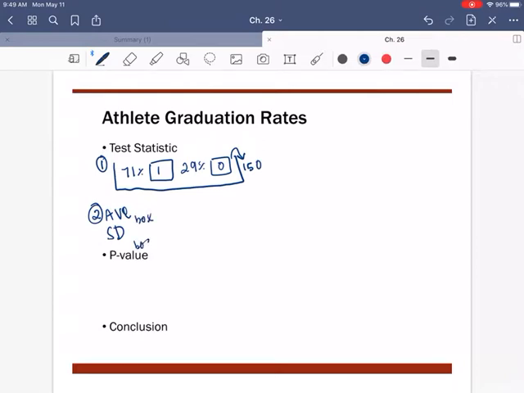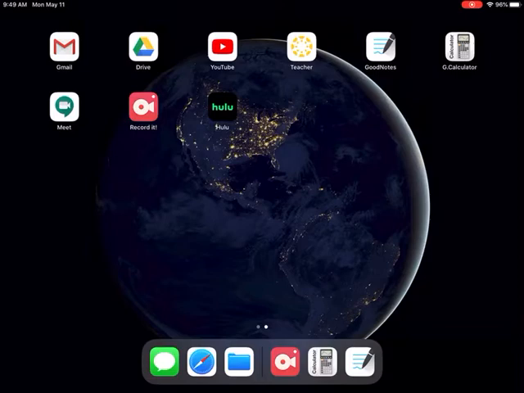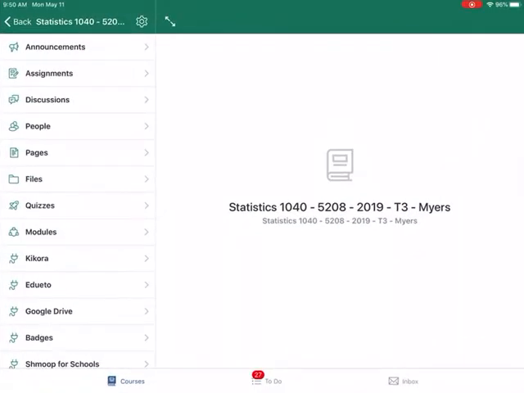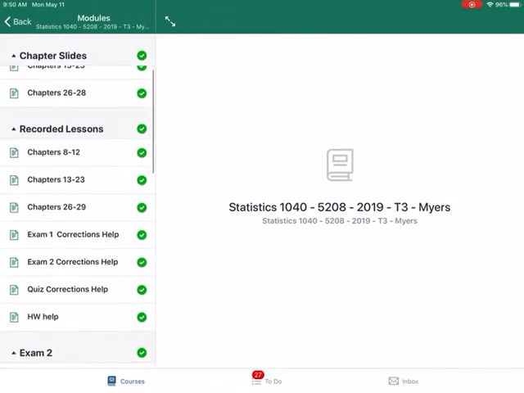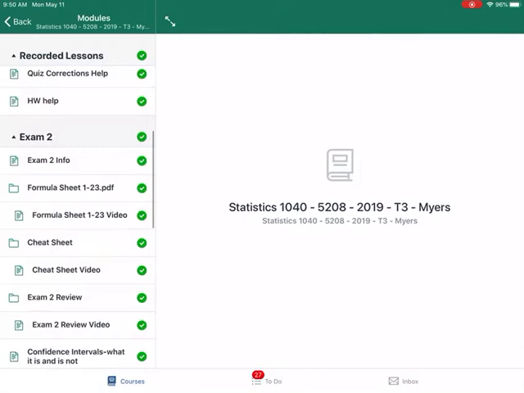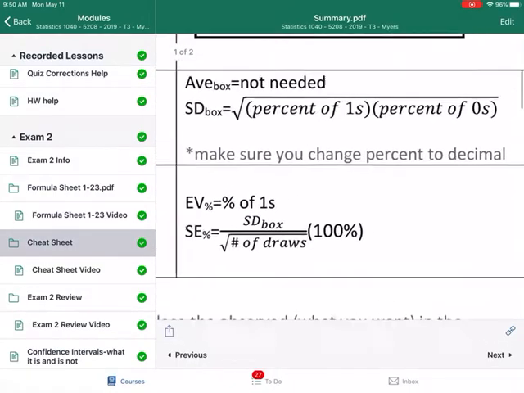Okay, step 2, average and standard deviation of the box. We're looking at the average and standard deviation for percents. So let's go to our cheat sheet from exam 2.